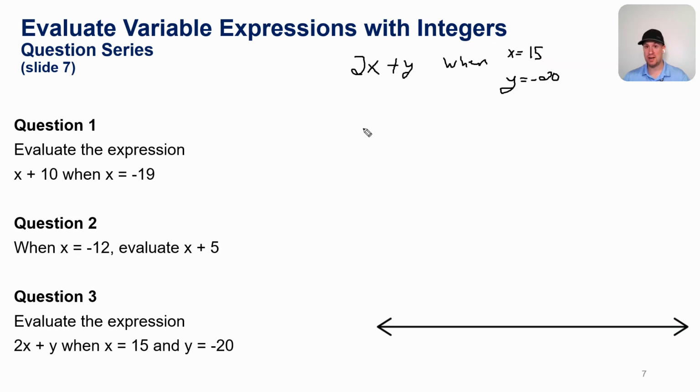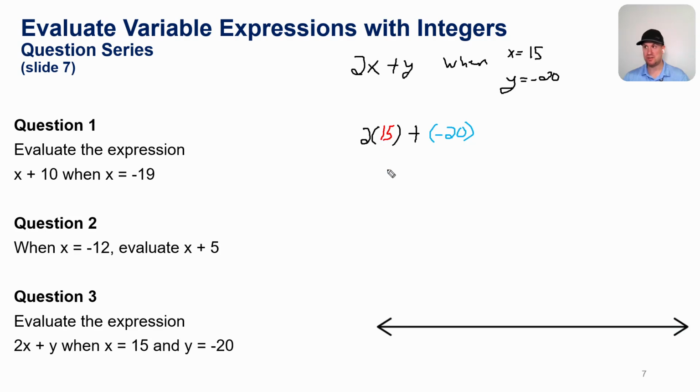So it would now read as 2 times 15 plus the y variable of -20, or the number for the y variable, -20. So I like to show substitution with parentheses, so that's why we're doing the -20.